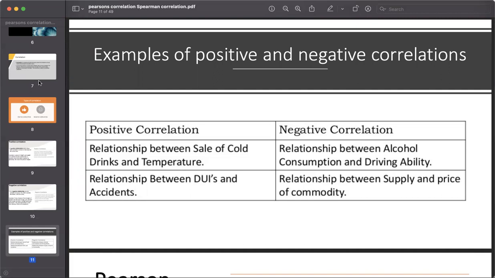Positive correlation: the relationship between sale of cold drinks and temperature, the relation between DUIs and accidents. In the example of negative correlation, there is a relationship between alcohol consumption and driving ability, and the relationship between supply and price of a commodity.